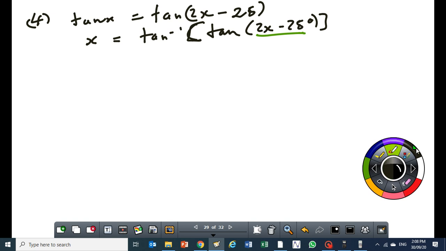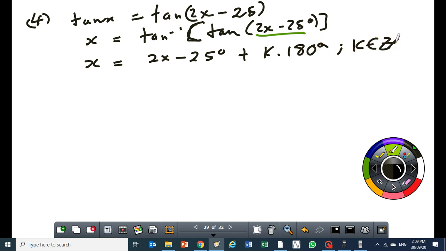Okay, so you end up getting x equal to 2x minus 25 degrees plus k times 180, where k is an element of integers. Do you understand it? Yes.